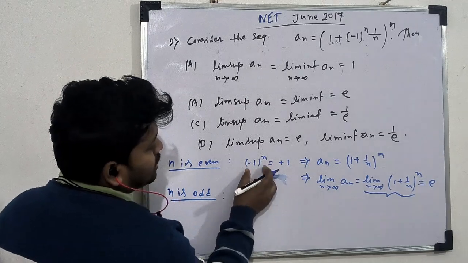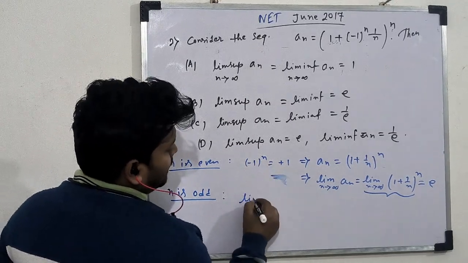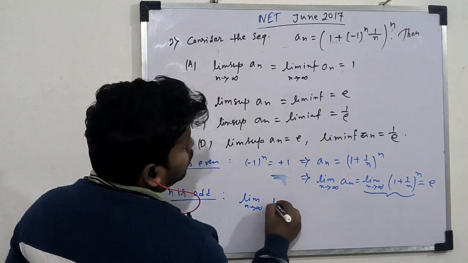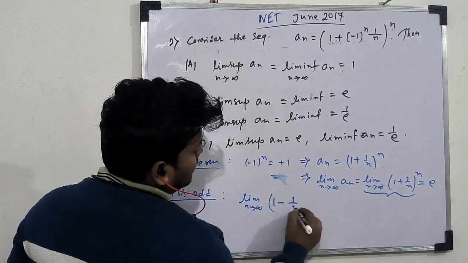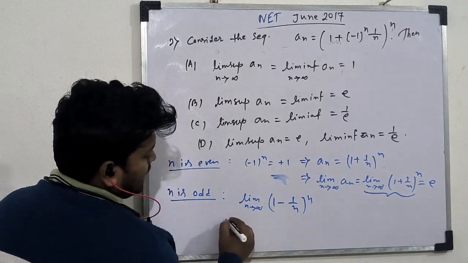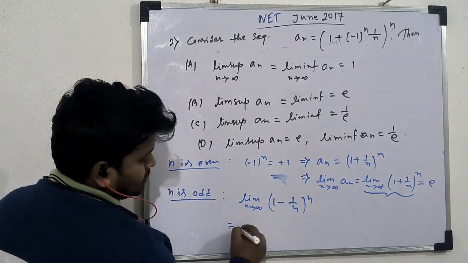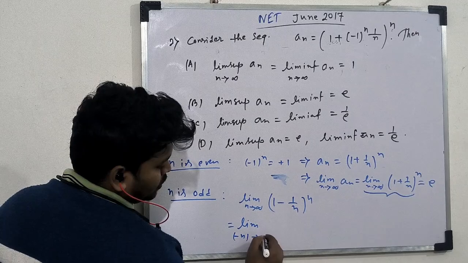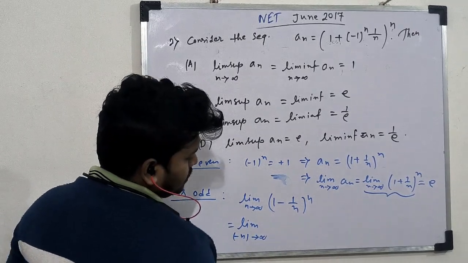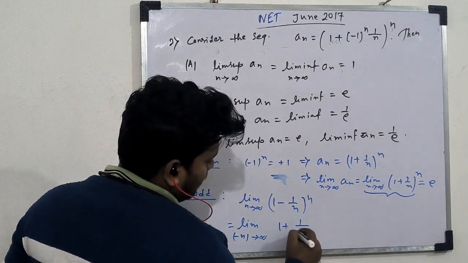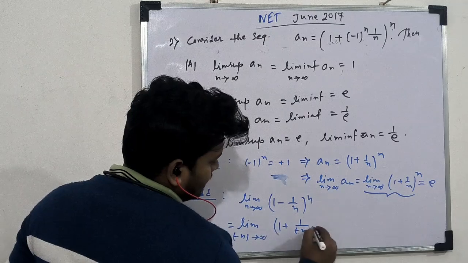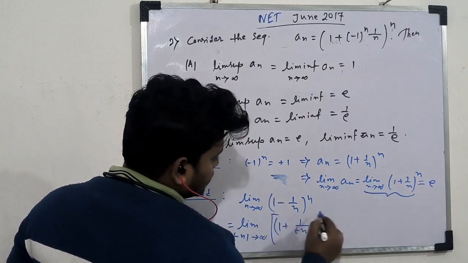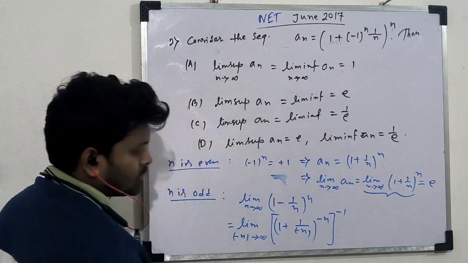And if n is odd, then (-1)^n will be minus 1. So therefore limit n tends to infinity a_n will be (1 - 1/n)^n. So this can be written as limit minus n tends to infinity of (1 + 1/(-n))^(-n), and this whole to the power minus 1.